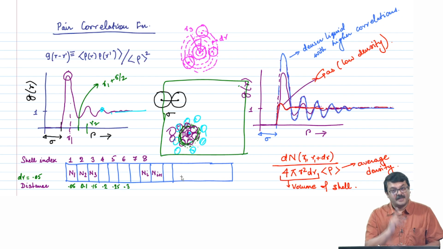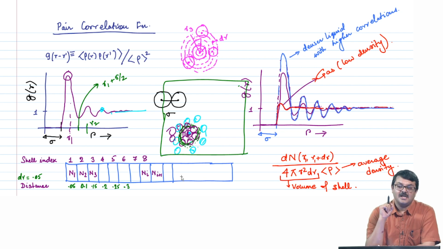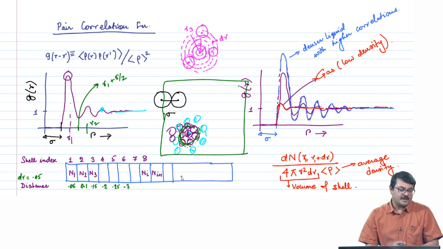to get an average g of r at one particular microstate. Then as you allow the system to evolve, it will access different microstates due to its time evolution. Every 50 iterations, say, because from one iteration to the other the positions will be rather correlated, it will not be an independent microstate, because the particles would have moved only a little bit.